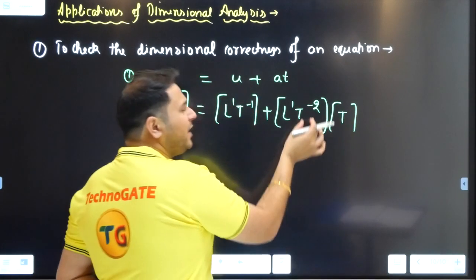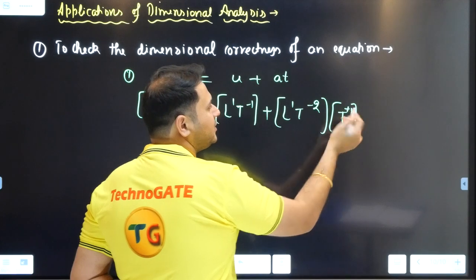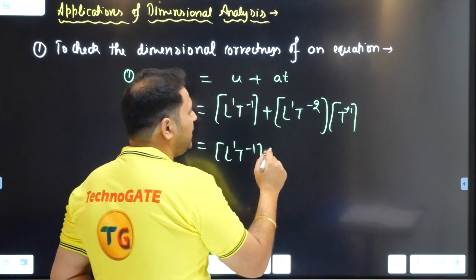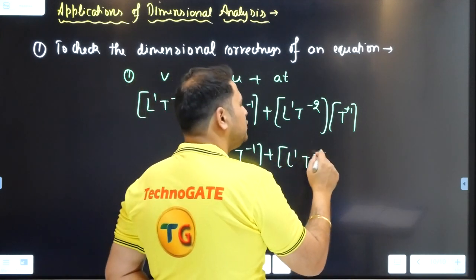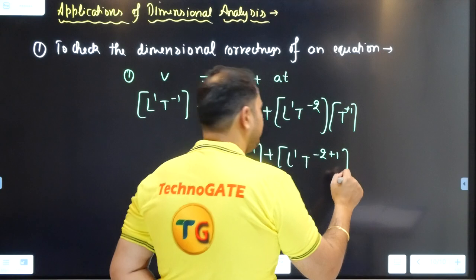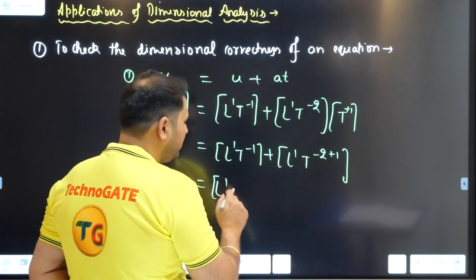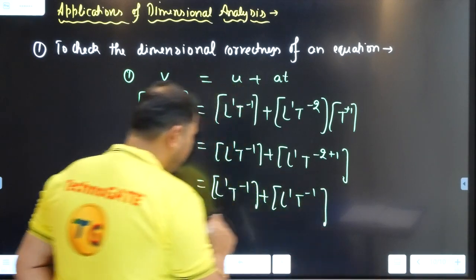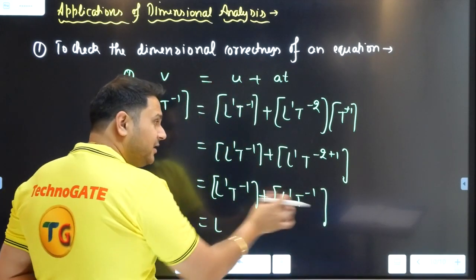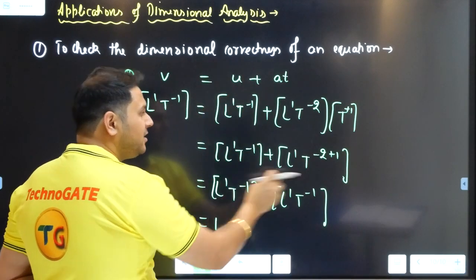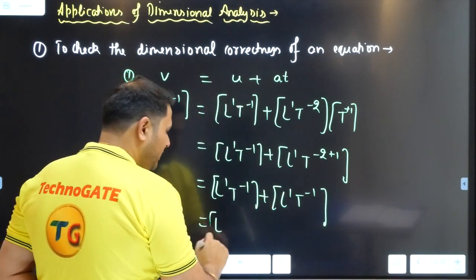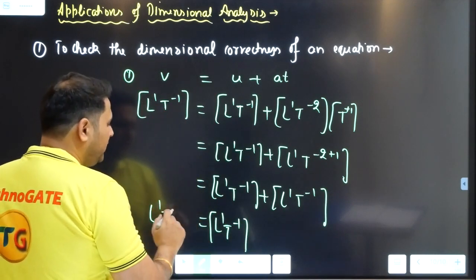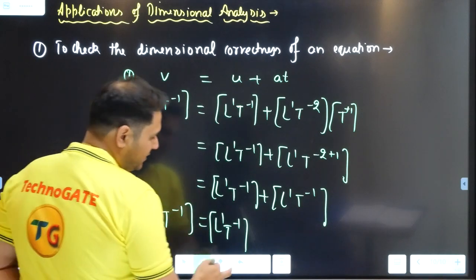When I multiply T minus 2 with T plus 1, this is T minus 1. So this is going to be L1 T minus 1 plus L1 T minus 1. Addition and subtraction will not make any change. It will be the same, L1 T minus 1 on the RHS and L1 T minus 1 on the LHS also.